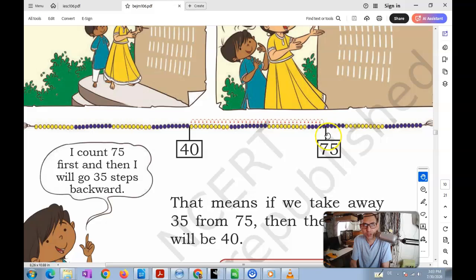Then you put your marker over here, and then you have to take away 35 of them, which means that on the Ginladi you will move not towards the right, but towards the left, because you're subtracting. So 35, this would be a 5, and then that's a 10, that's a 10, that's a 10. You will end up over here.